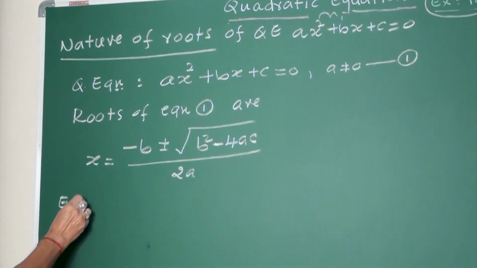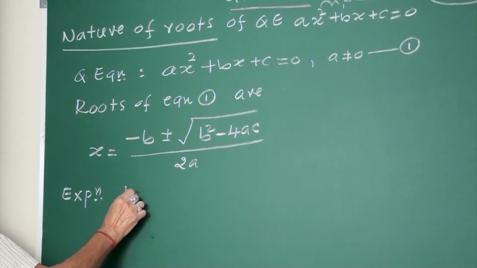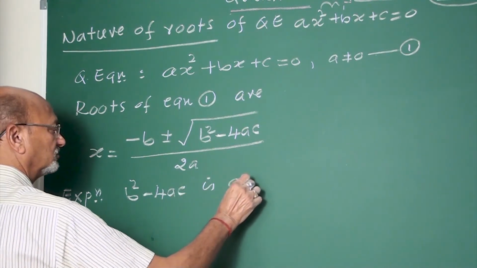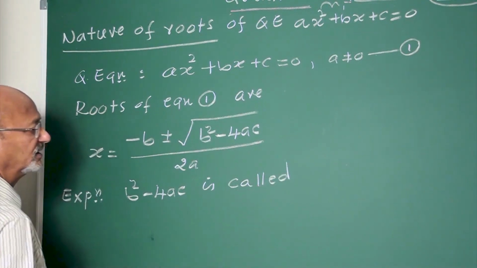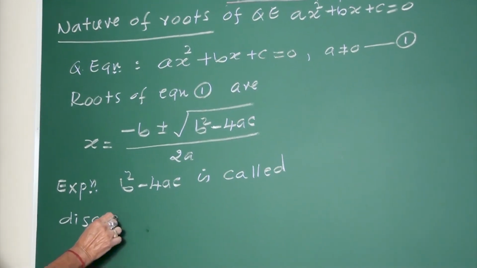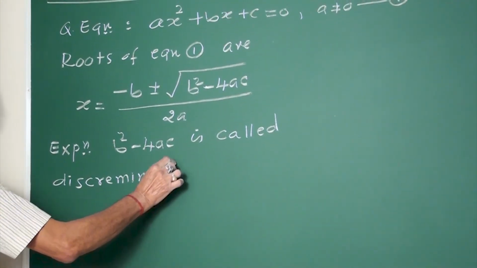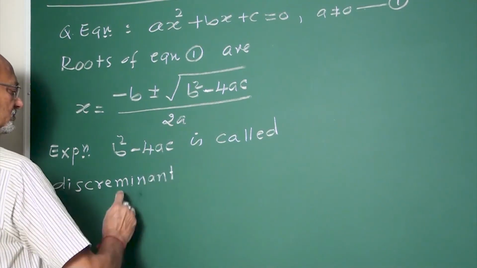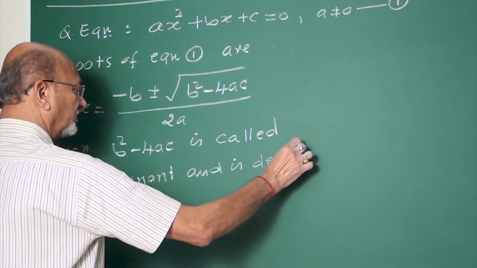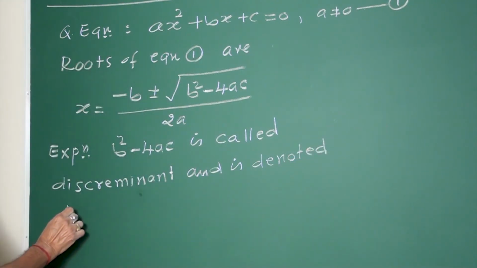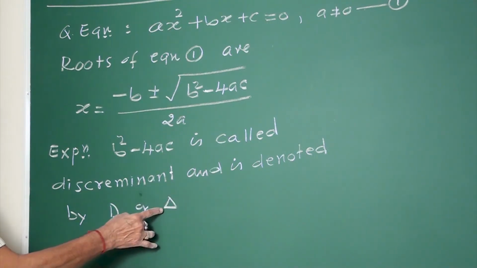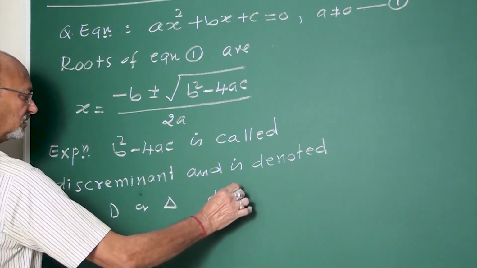The expression b square minus 4ac is called the discriminant of the equation and is denoted, in some books by capital D, in some books by capital delta.